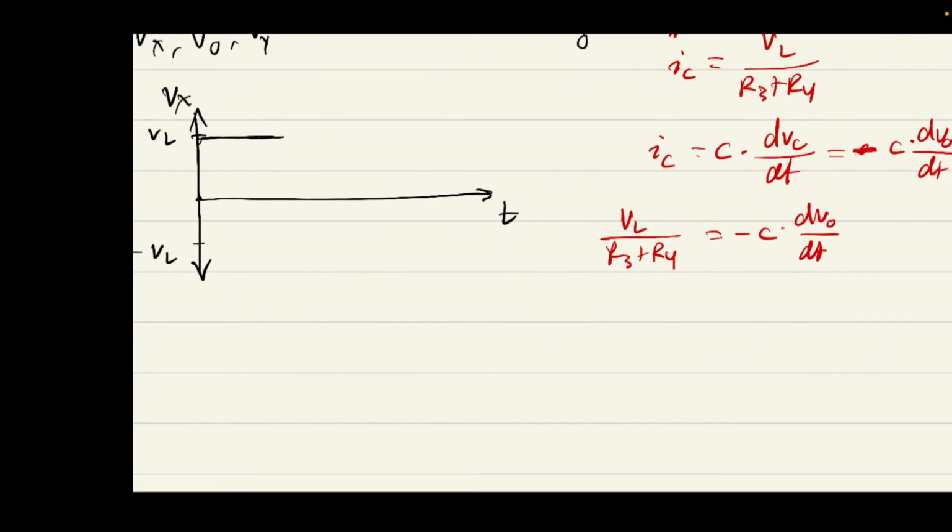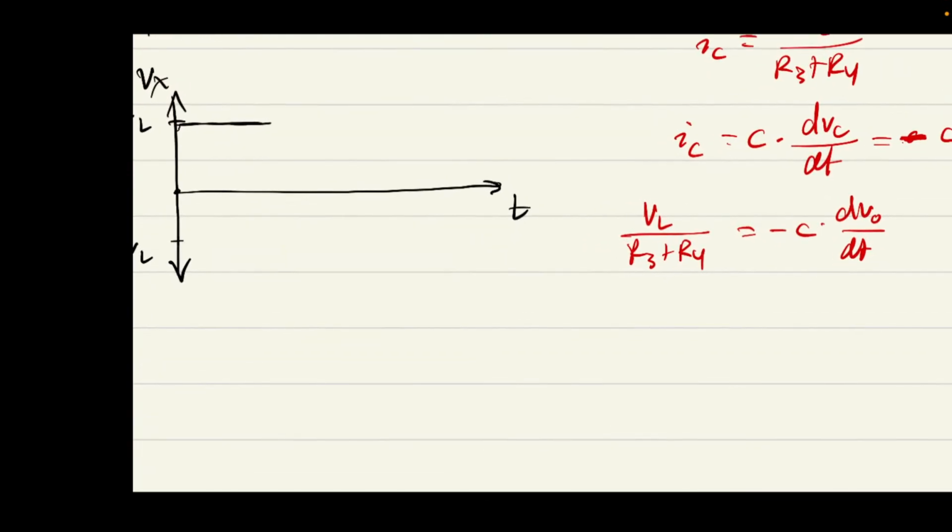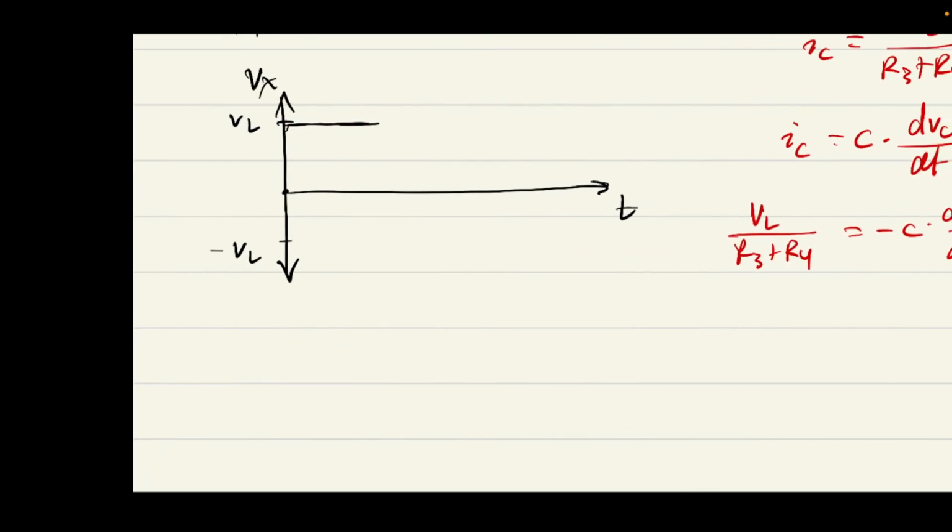What you have to notice is that this VL on R3 plus R4 is completely constant, right? It's not changing at all. Same with C, it is constant. So since everything else is constant, the derivative of the voltage with respect to time is also constant. That means that the voltage is increasing or decreasing linearly. And why is that important?